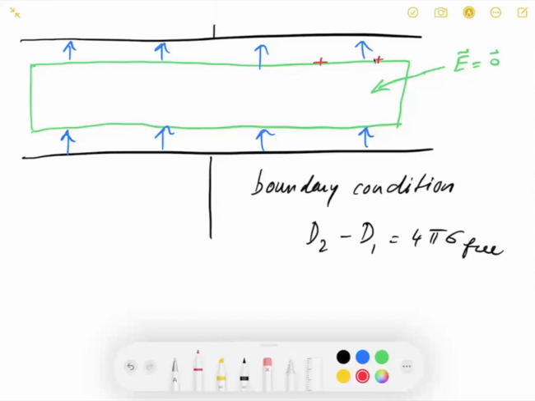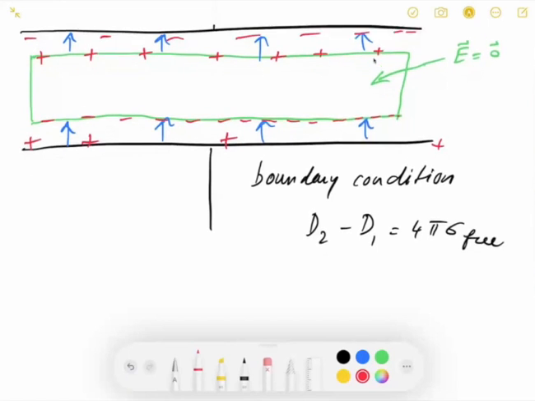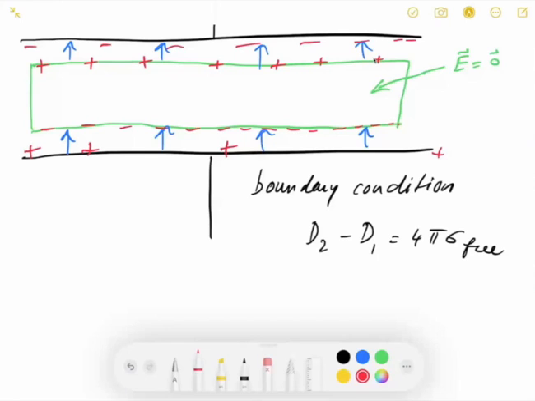And then, so this was originally positive, this negative. So now we get free charges here, and they're free to move. And there's no field inside, so it's different.